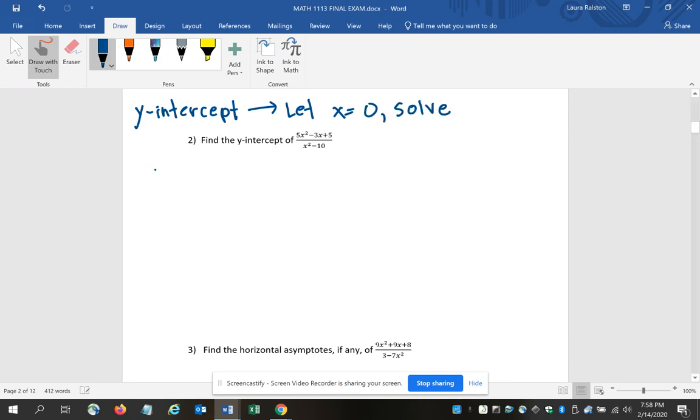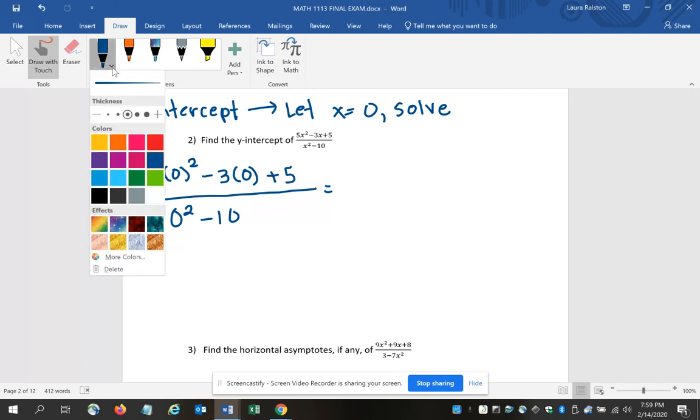So if I do that in this problem, if I substitute 0 wherever there's an x, I would have 5 times 0 squared minus 3 times 0 plus 5, all divided by 0 squared minus 10. Now, if you do the math out, you can use your calculator.